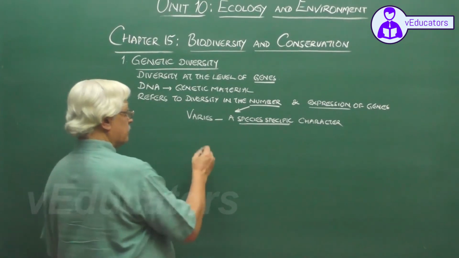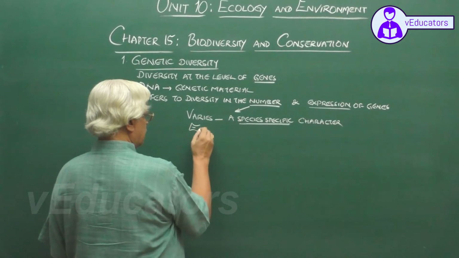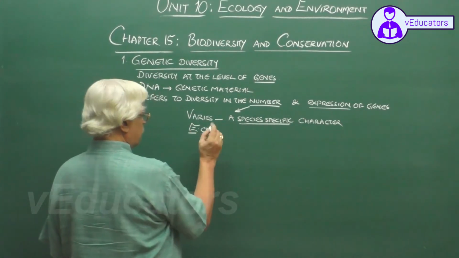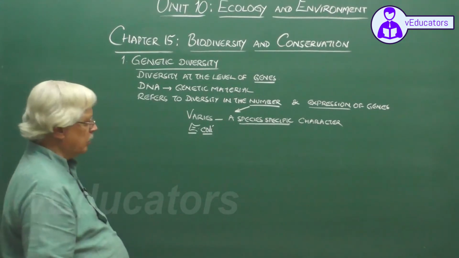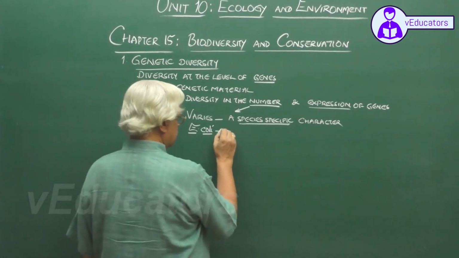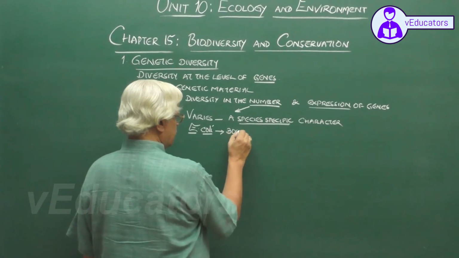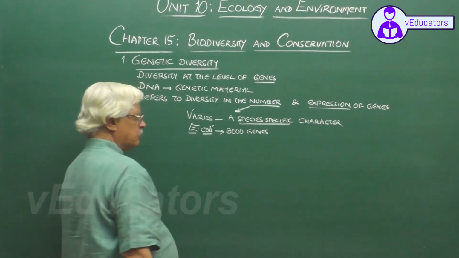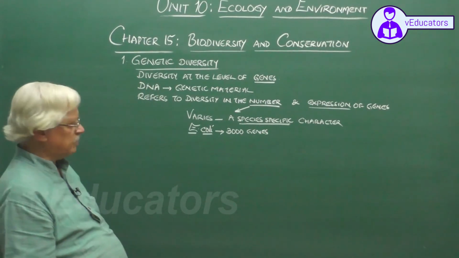For example, the bacteria Escherichia coli is known to have about 3000 genes in its DNA.